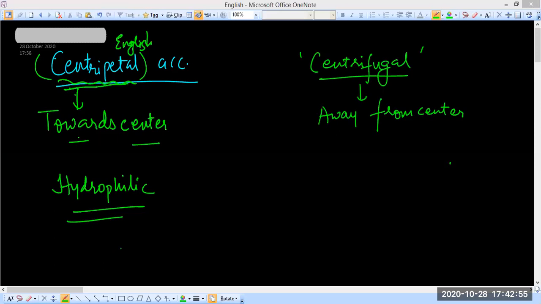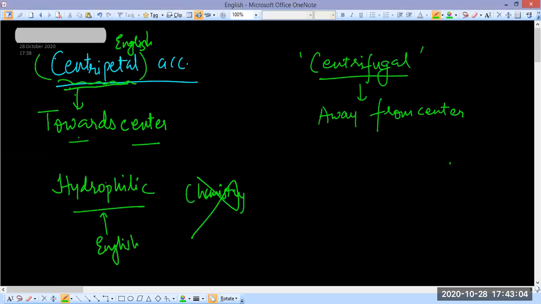You should understand that this word has nothing to do with chemistry or biology or anything, right? એટલે વર્ડ સમજવા બહુ જરૂરી હોય. હાઇડ્રો means water ને ફિલિક means loves, or ફાઇલ means something that loves. So loves water એટલે કહેવાય હાઇડ્રોફિલિક.